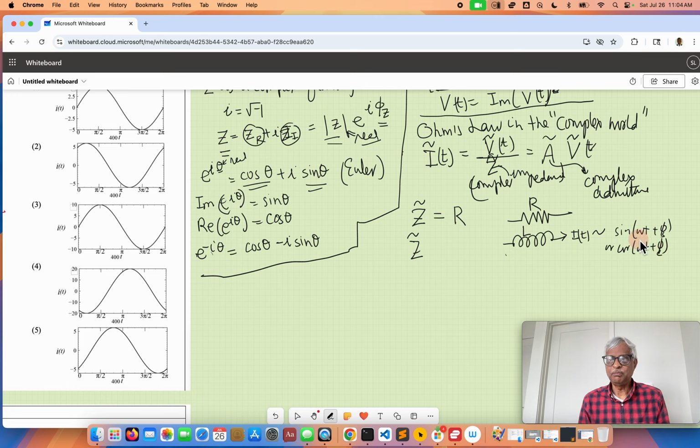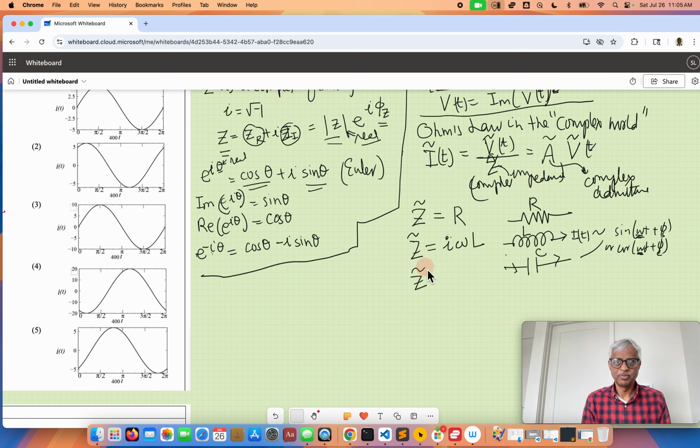If the time dependence is omega t in a real way, then this is going to be just I omega L. So this is pure imaginary. If I have a capacitance and the current through that has this kind of behavior, then its impedance will be minus I over omega c.